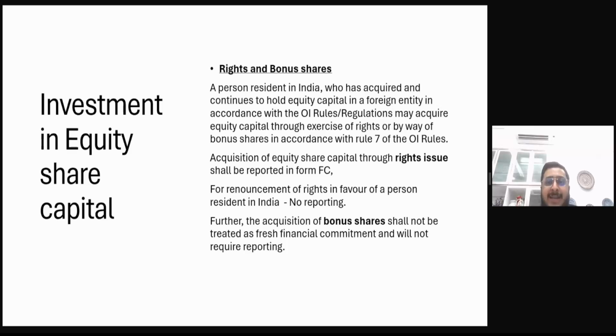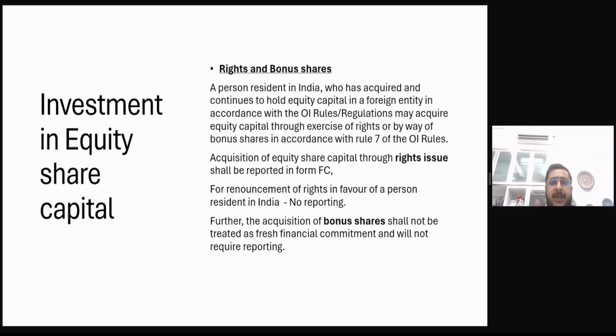Now, what about rights and bonus shares? A person resident in India who has acquired and continues to hold equity capital in a foreign entity in accordance with the rules and regulations may acquire equity capital through exercise of rights or by way of bonus shares in accordance with the OI rules. How do you go about it?